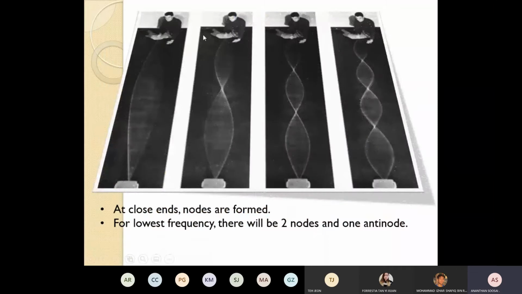If you use a string and your frequency is lower, you make a 1 loop, which is the fundamental. Then 2 loops, 3 loops, and 4 loops.